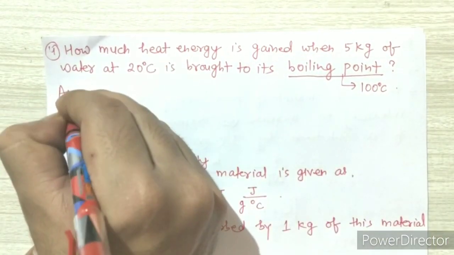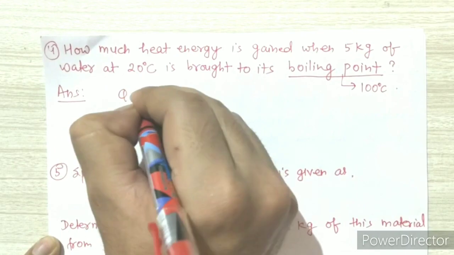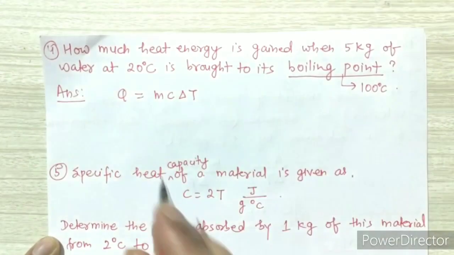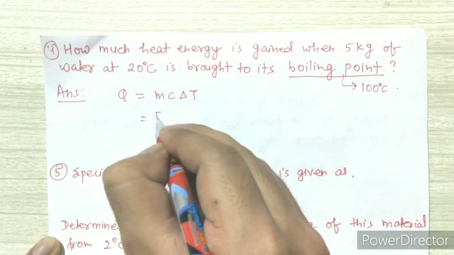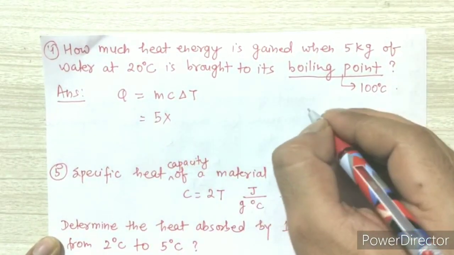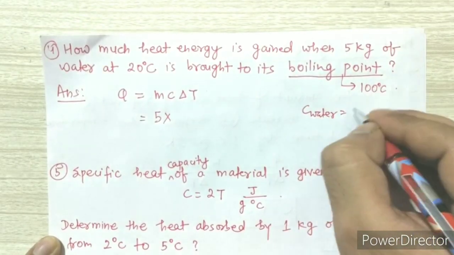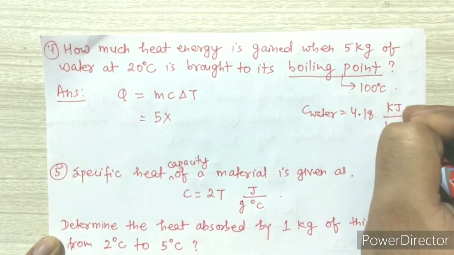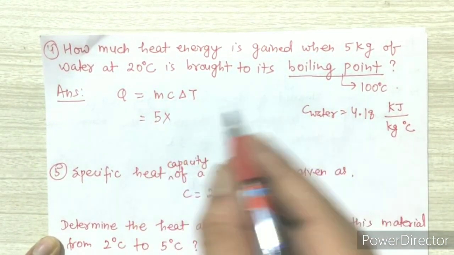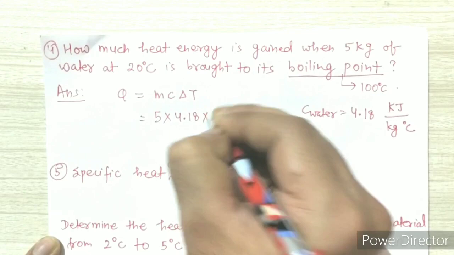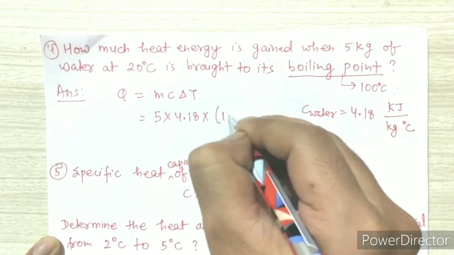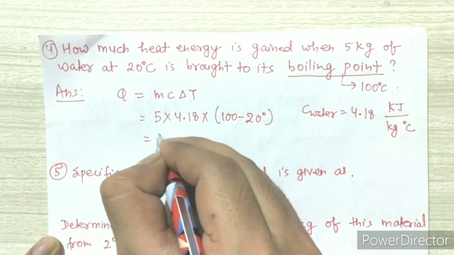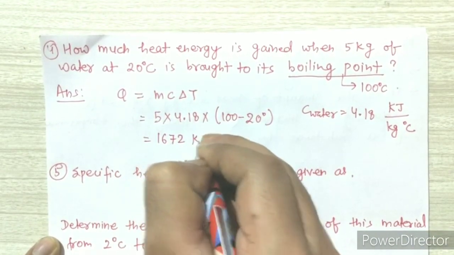Heat given or taken from a system is Q equal to mc into delta T. Mass given is 5, and specific heat of water is 4.18 kilojoule per kg per degree Celsius. Delta T is 100 minus 20. When we simplify this, it will come out 1672 kilojoule.